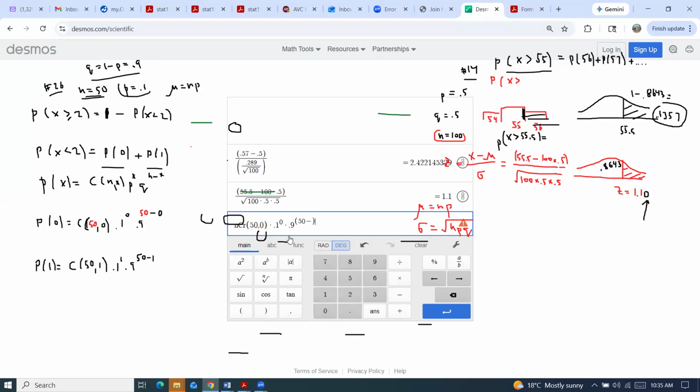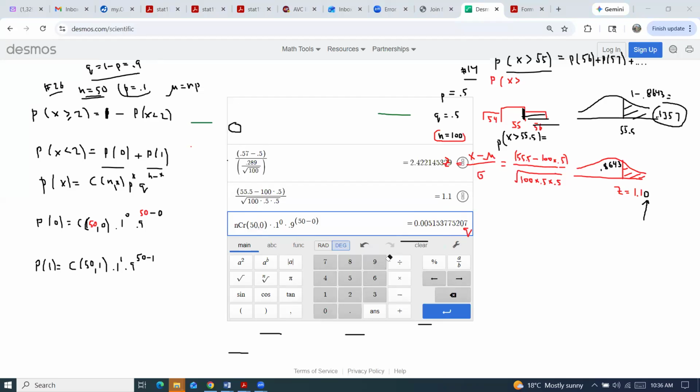So it says an error, so I misentered something. Let me clean this a little bit so you can see it better. So it looks like we have one calculation performed.